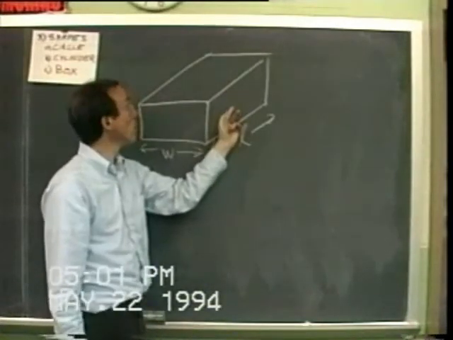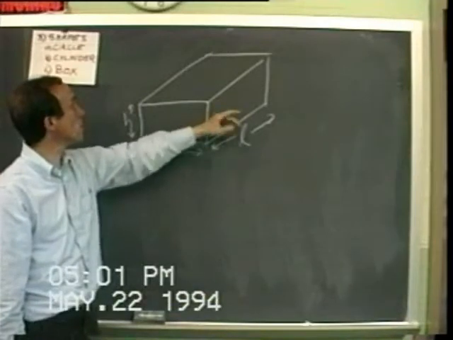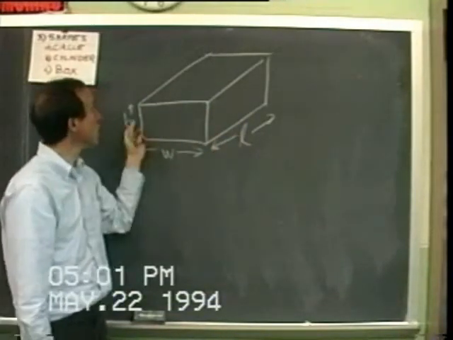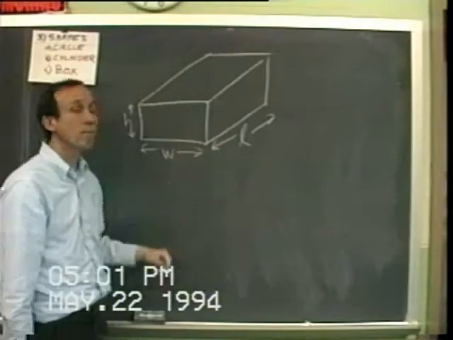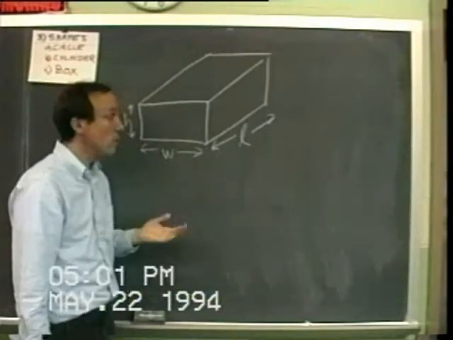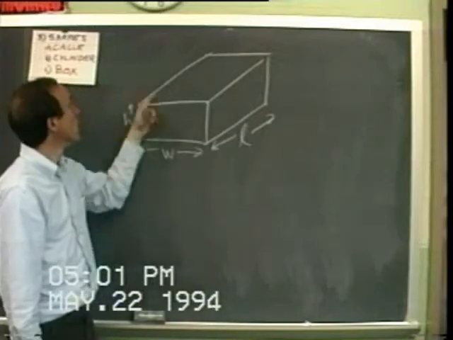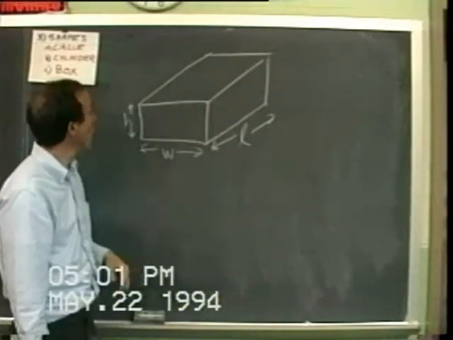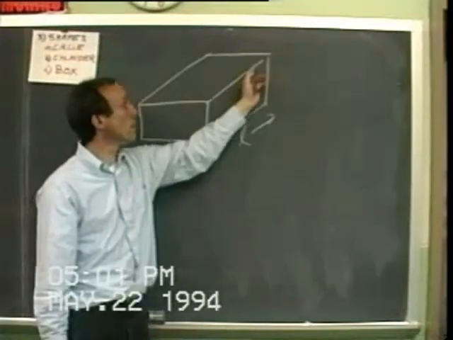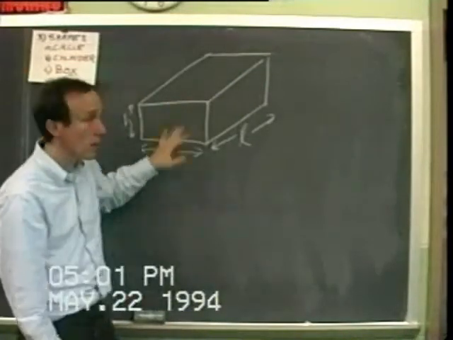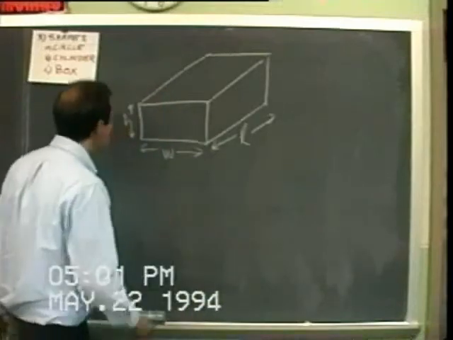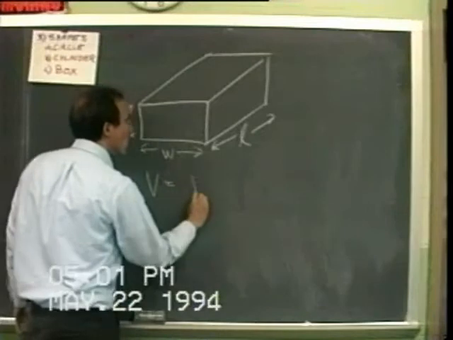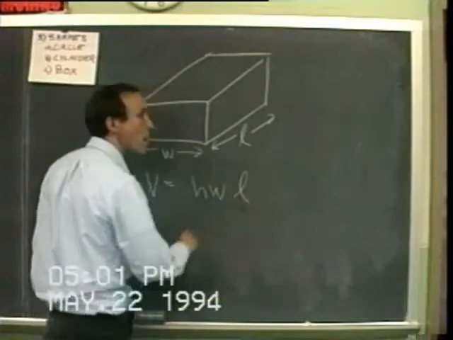We got 2 of them that are this size, this one and one on the other side, which has an area of L times h. And we got the top and the bottom. We got to add, so we got 2Lh plus the top, W times L, so 2WL, plus 2 W times h, the area of the front and the back. The volume, as you know, is just the product of the 3 lengths. You'll probably remember that one.